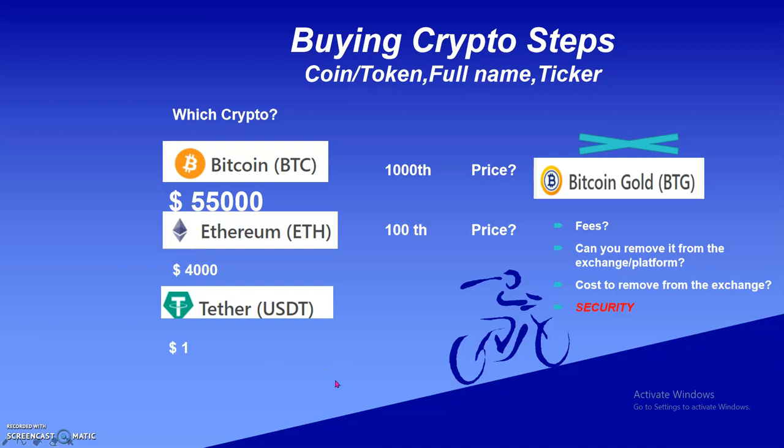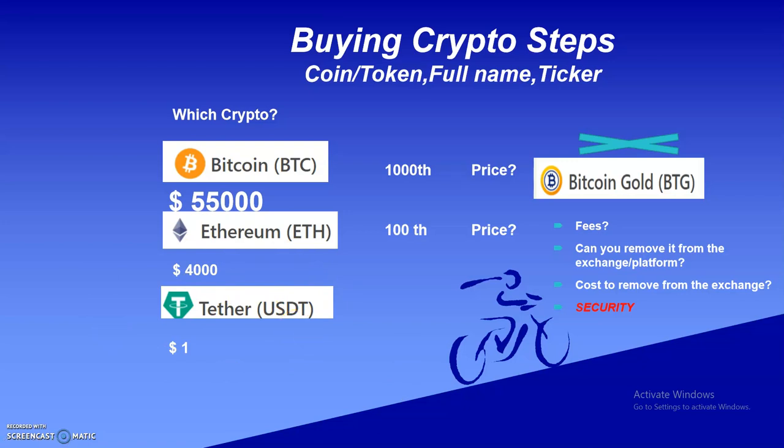The same goes for, for example, Tether, which is a stable coin, which is USDT. There are other stable coins as well. There's USDC, etc. There's BUSD. So we just need to make sure we've got the right symbol or short code that's representing the currency.